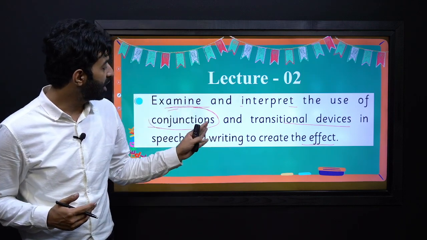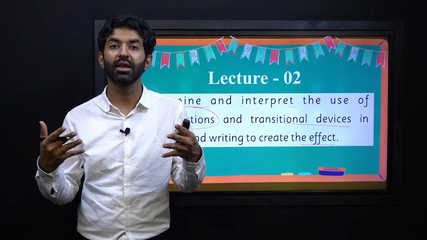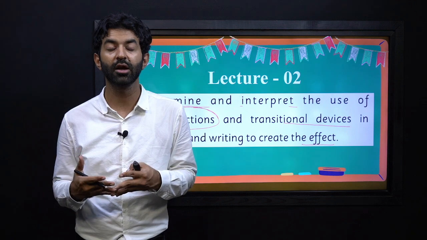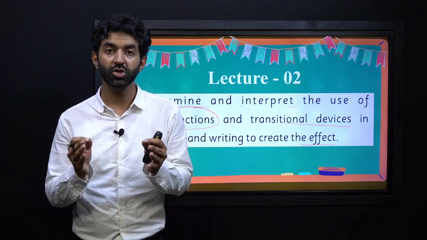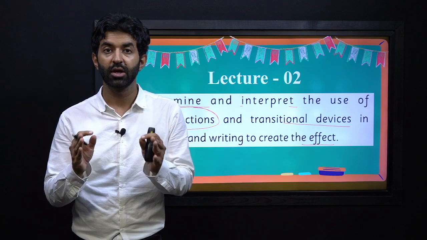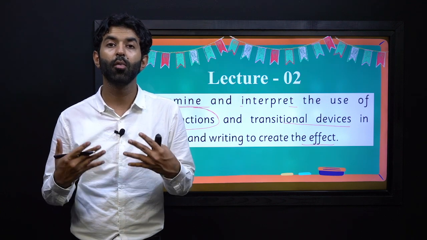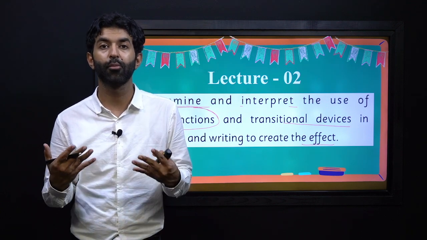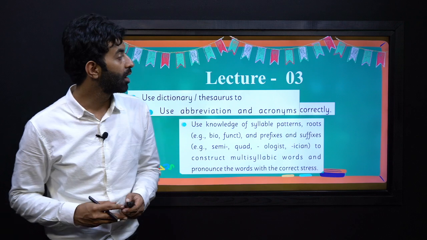So we will see how conjunctions and transitional devices connect your thoughts and ideas and make your sentences flow very well. So conjunction, which is a part of speech, you may have to revise it before attending the lesson so that you will learn more about it and also about its practical application with examples.